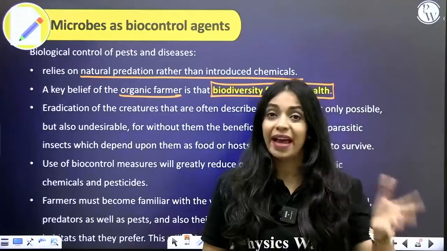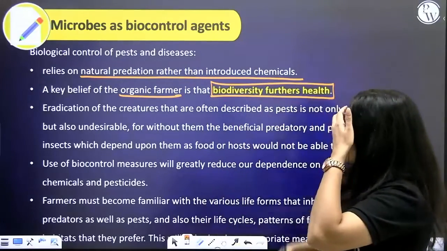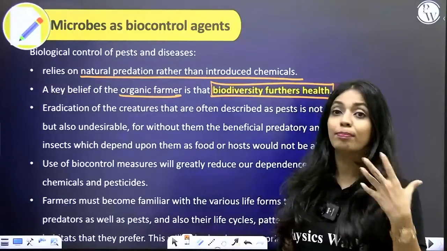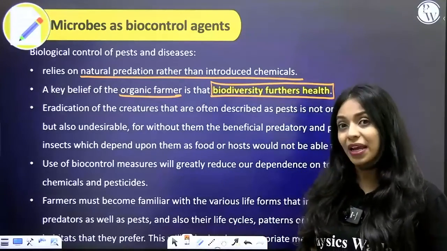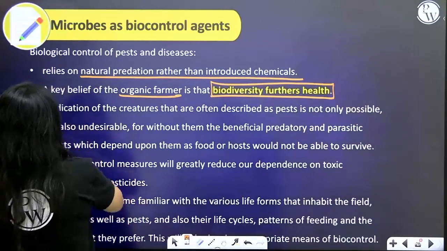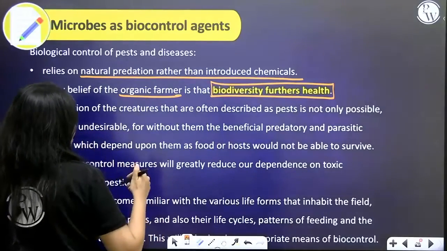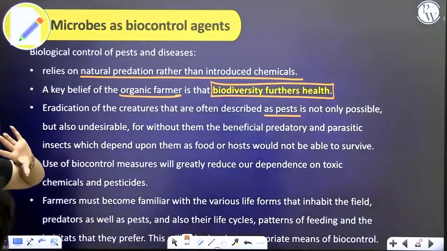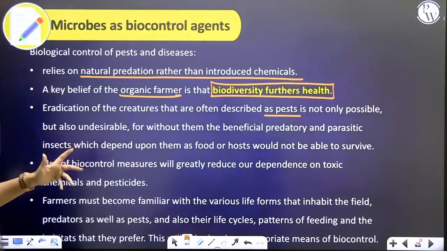So that is a demerit. So what organic farmers do is they rely completely on biocontrol and they do not spray pesticides, insecticides and all of that.